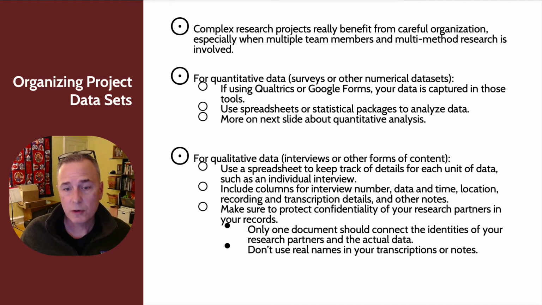For qualitative data like interviews, other forms of content, media content, things like that, maybe some analysis of websites or other information that is relevant for your project. Again, a spreadsheet is a helpful thing to have, not so much to actually keep your data in, but to keep lists and identifiers for the data.